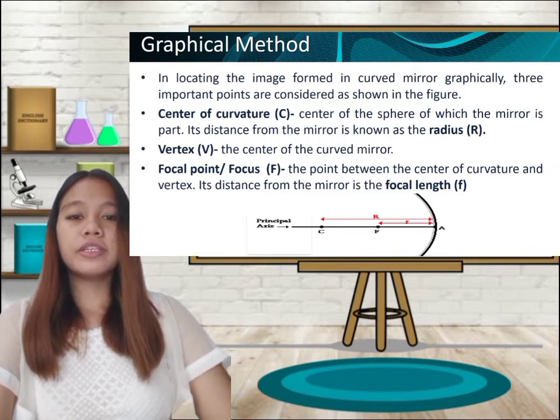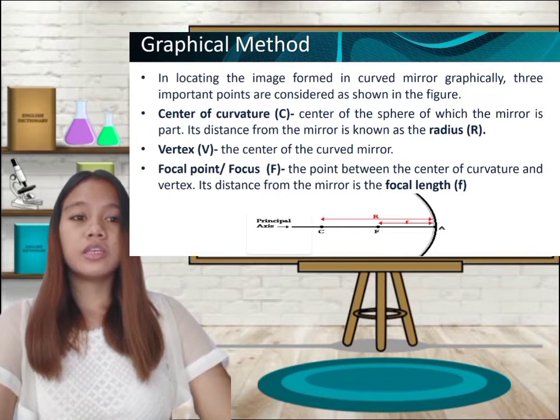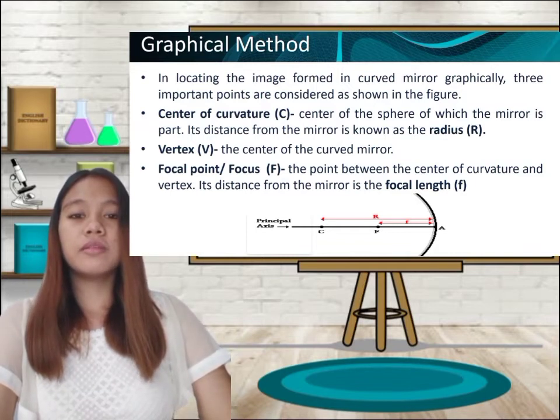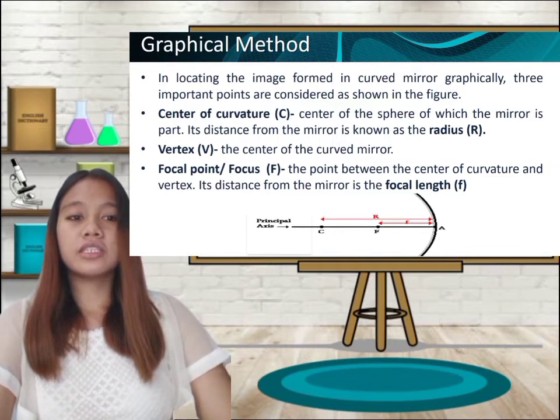The next important point is the vertex, denoted by capital letter V. This is the center of the curved mirror. The next point is the focal point or focus, denoted by capital F. This is the point between the center of curvature and the vertex. Its distance from the mirror is the focal length, denoted by small letter f.